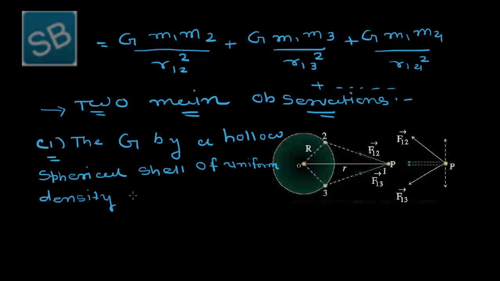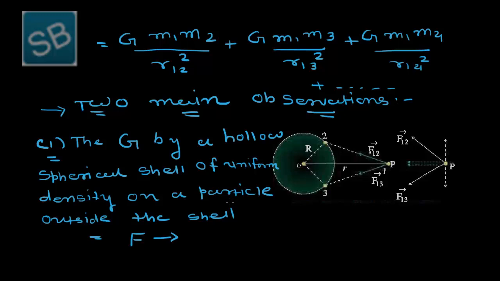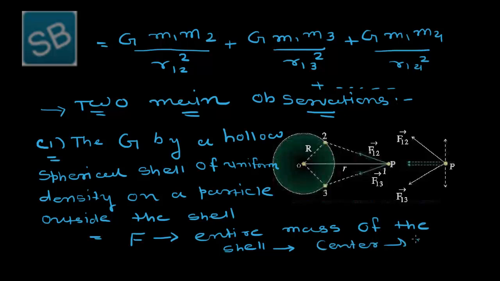On a particle outside the shell is equal to the force which can be obtained by considering the entire mass of the shell as concentrated at its center O. So mathematically this observation can be written by the force which is exerted on particle 1, so the forces are only F12 and F13.